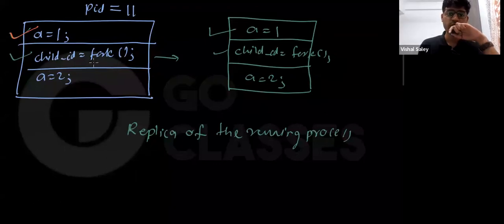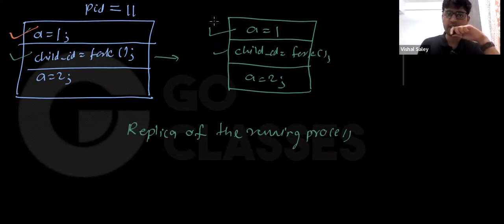Then this process issues a fork system call, and now it comes to the operating system. The operating system creates an exact replica of this particular process, and this process will have some PID, like 23 or something. Now, when we say it creates an exact replica, it means it also has the instruction A, which has already been executed.